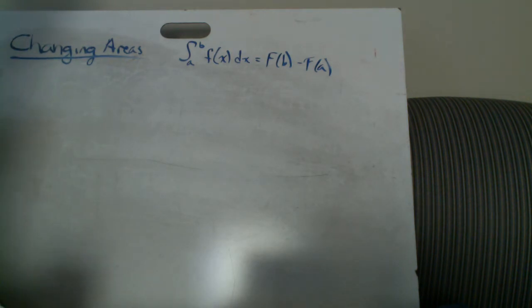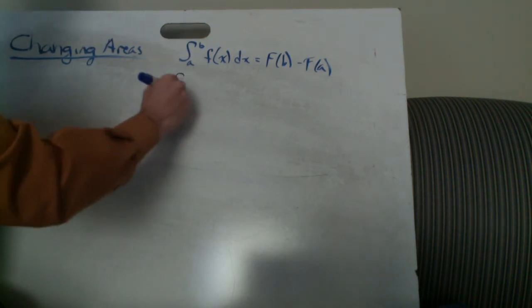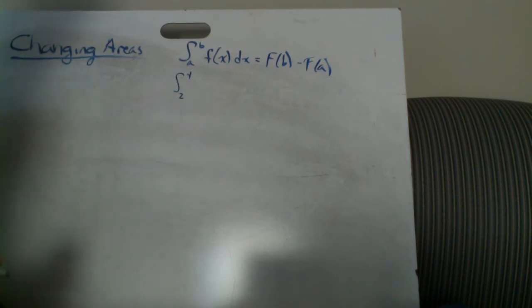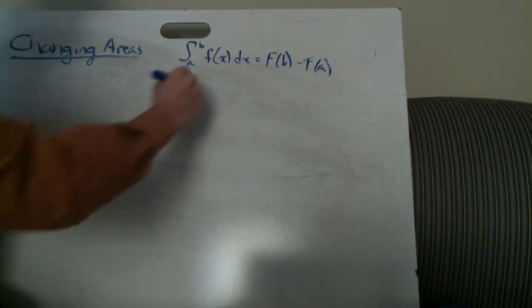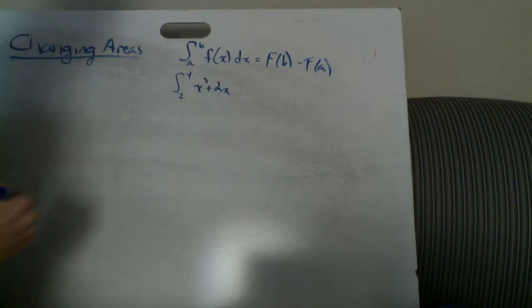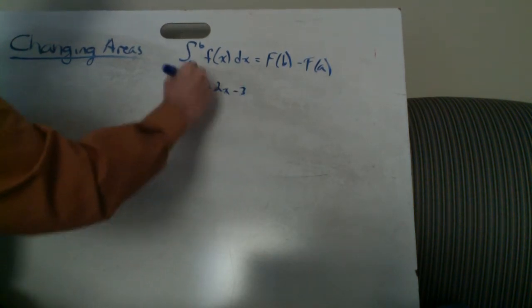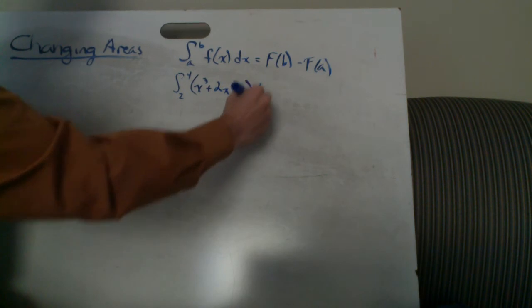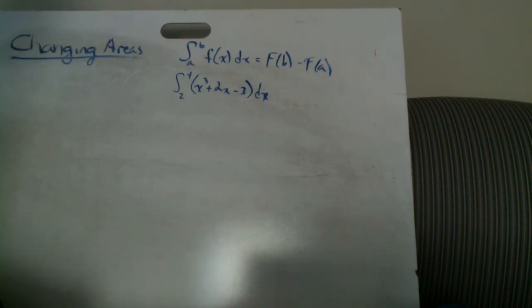We saw this example last time. We looked at the integral from 2 to 4 of x cubed plus 2x minus 3 dx. And before, I didn't know how to do this, and I just used fnint on my calculator. But now, I'm going to change it up. I'm going to actually just evaluate it.